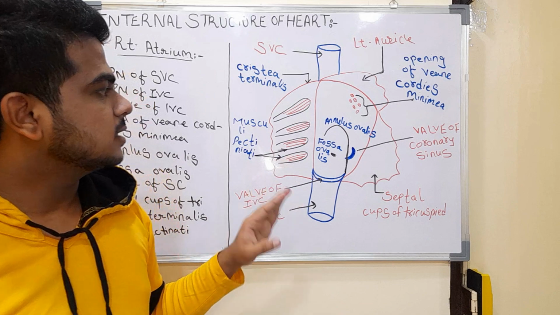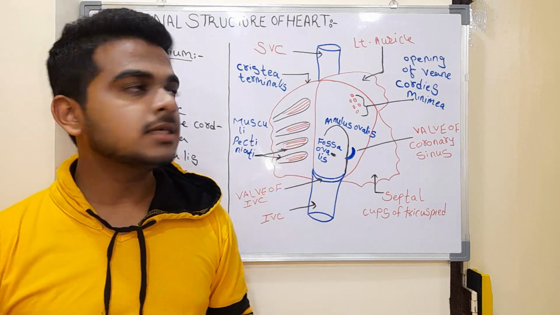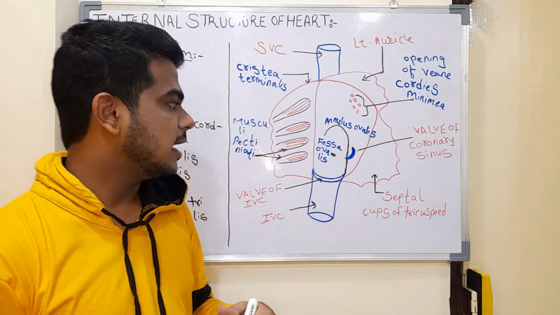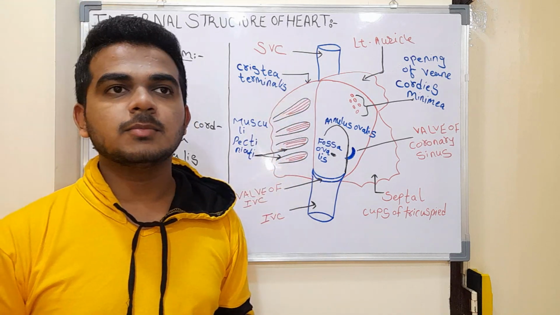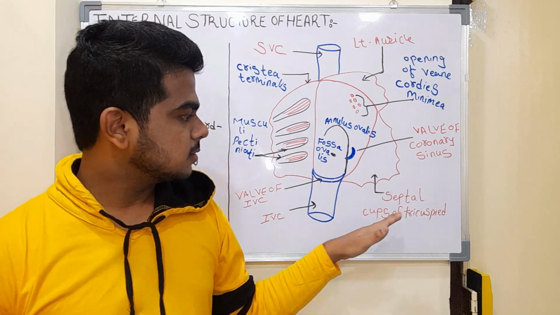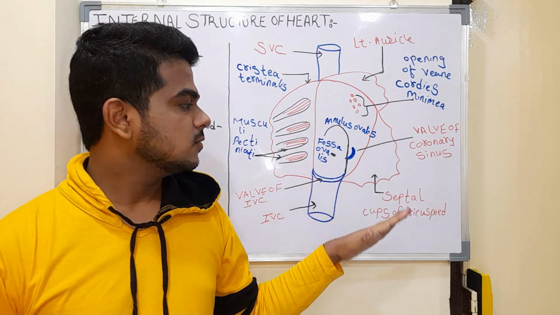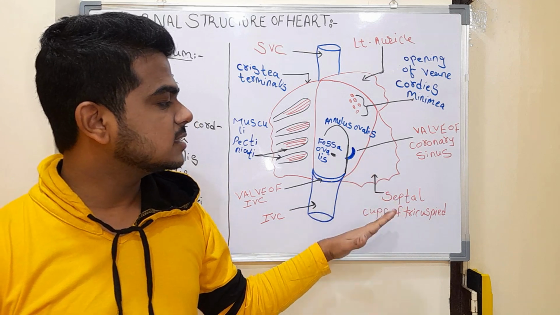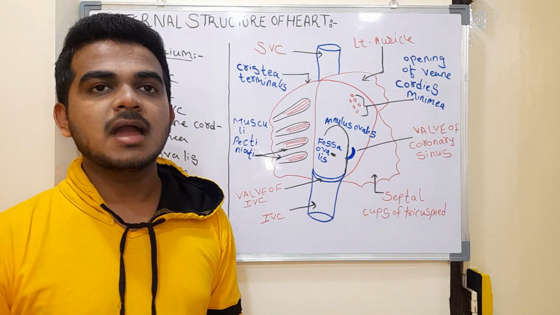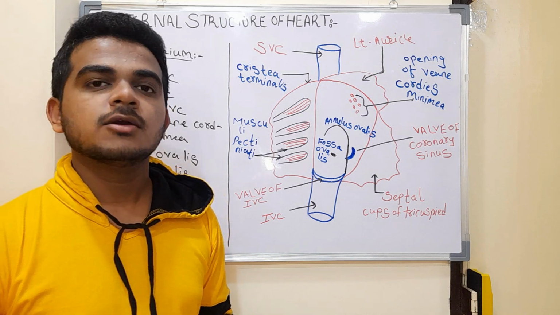Okay, so these openings are present in the right atrium. Here the deoxygenated blood is collected and it is pumped into the right ventricle through the tricuspid orifice, and on this orifice the tricuspid valve is present, which prevents the backflow of the blood.